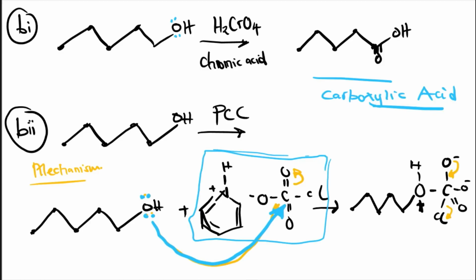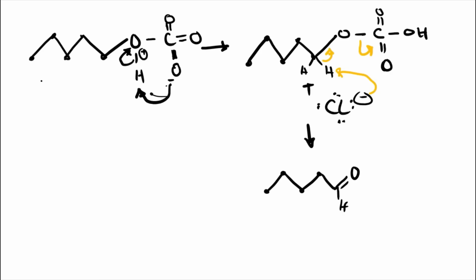Okay, the carbon. This carbon will cause this oxygen bond to break and then form this product here. And then this oxygen bond that broke will come back and reform and kick out one chloride. So after that happens, then you're going to have this product here that is formed.